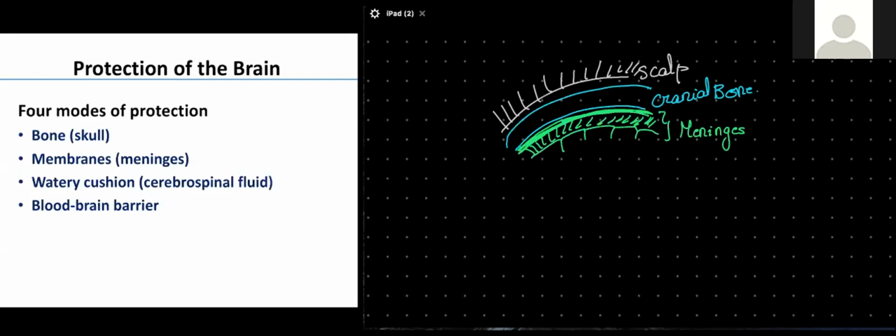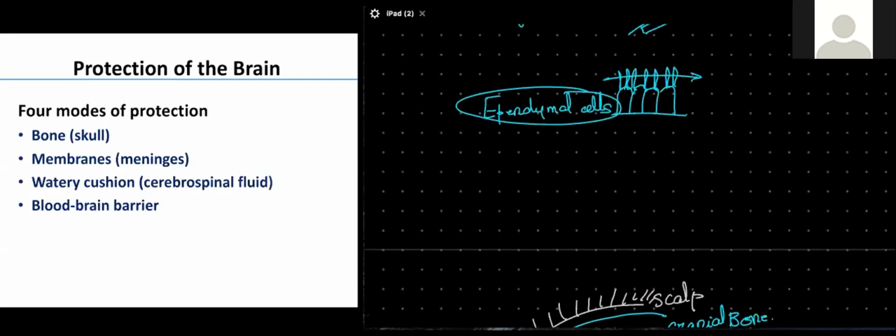Also remember, the cerebrospinal fluid is not only located inside those ventricles, lateral, third, and fourth ventricles, the cerebrospinal fluid is also going to be circulating around the brain. So I have a watery cushion formed by the cerebrospinal fluid around my brain.